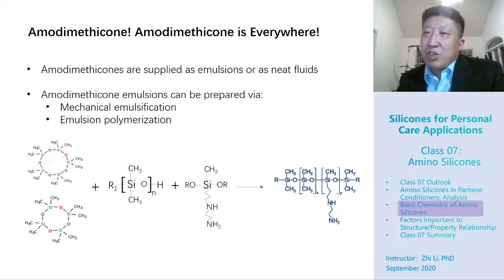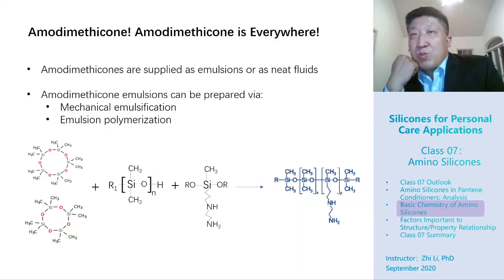Or you emulsify all these individual monomers that form the polymers first, and within the emulsion, you polymerize. The emulsion polymerization and resulting amodimethicone emulsion is going to be a cheaper way for suppliers to produce.